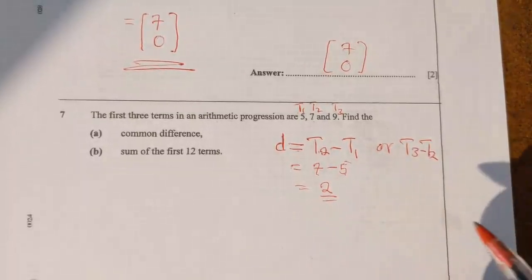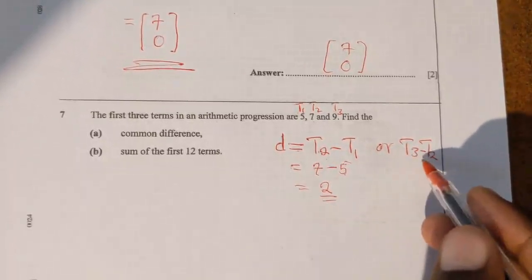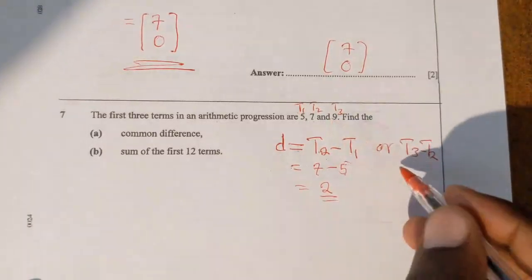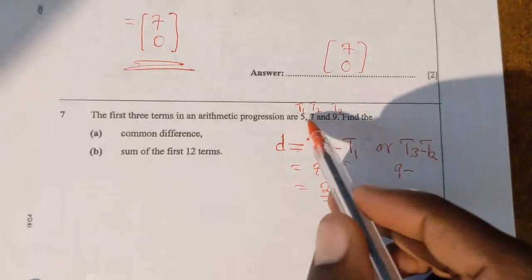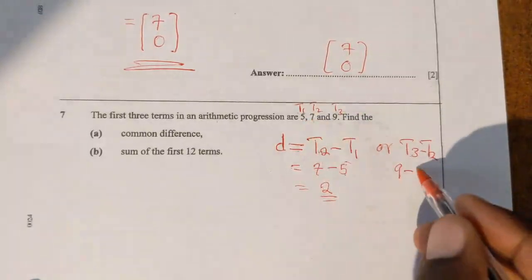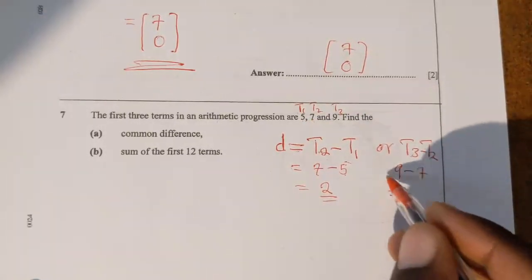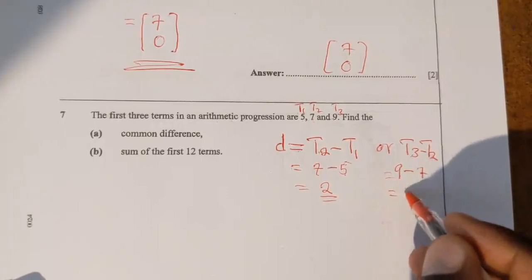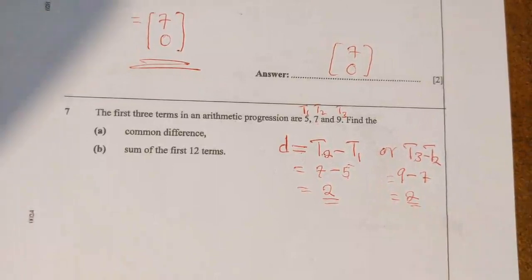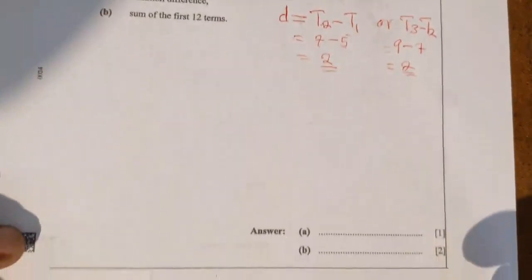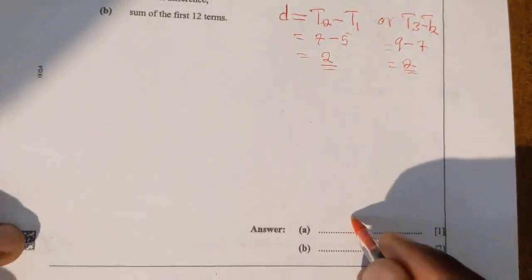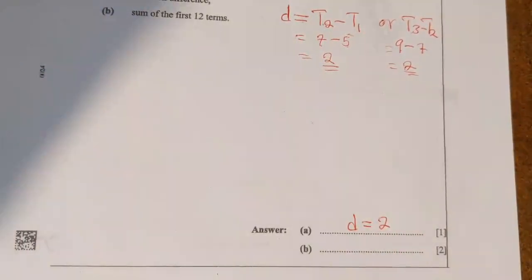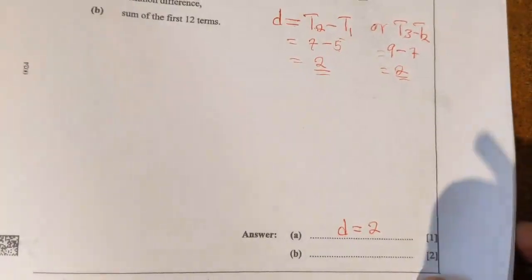If you use the other formula, term 3, that is 9, minus term 2, that is 7. 9 minus 7 is just 2. So the common difference is equal to 2. As simple as that. You get 1 mark, it is very simple.